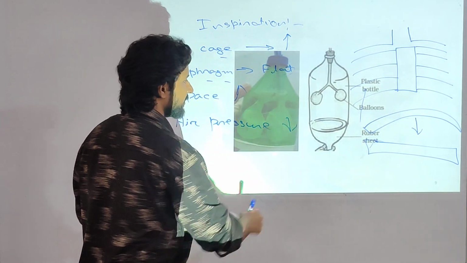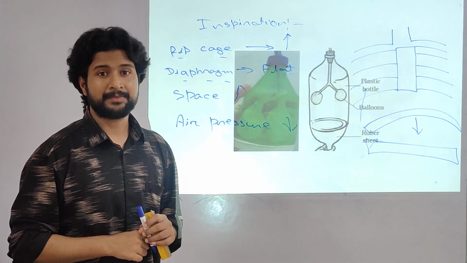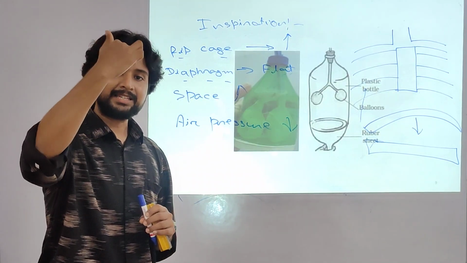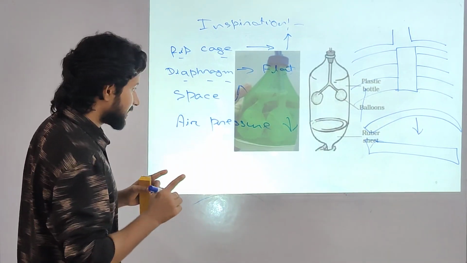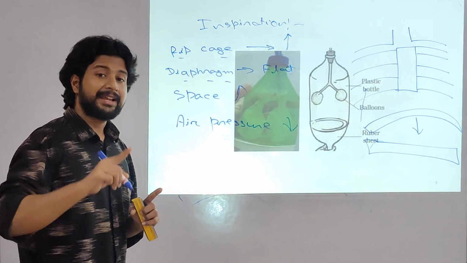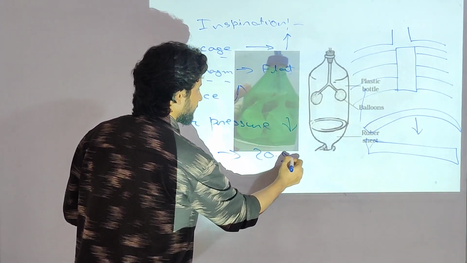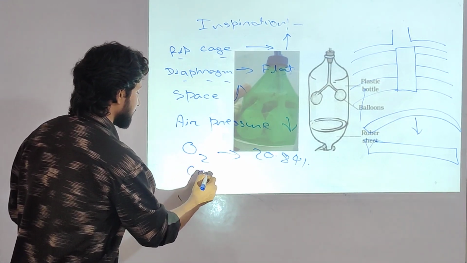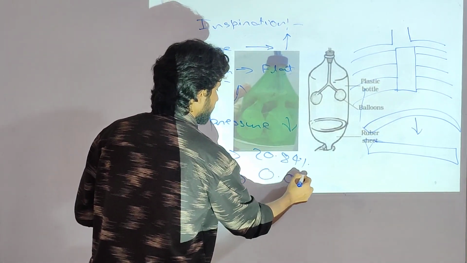Air pressure will decrease, and due to decrease in air pressure, air from the environment will enter towards our lungs, and the concentration of oxygen in that air is 20.84%, and concentration of carbon dioxide in that air is 0.04%.